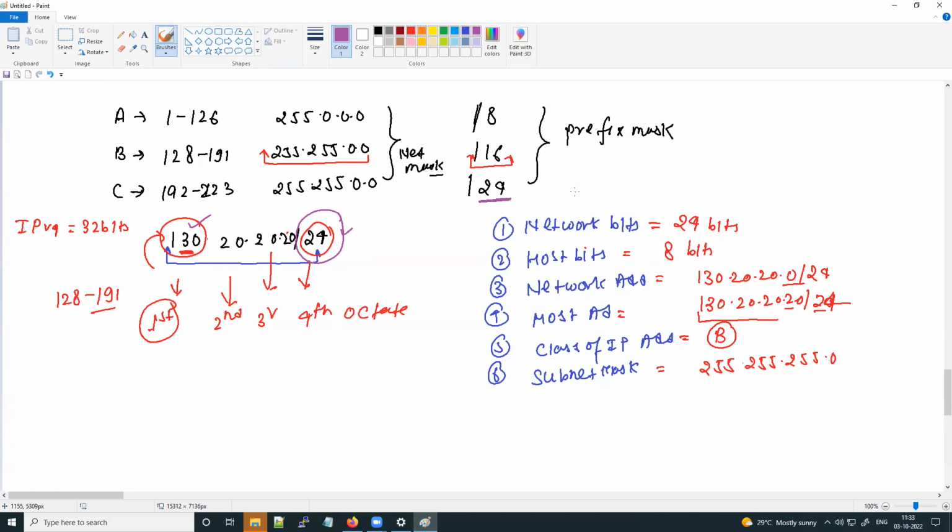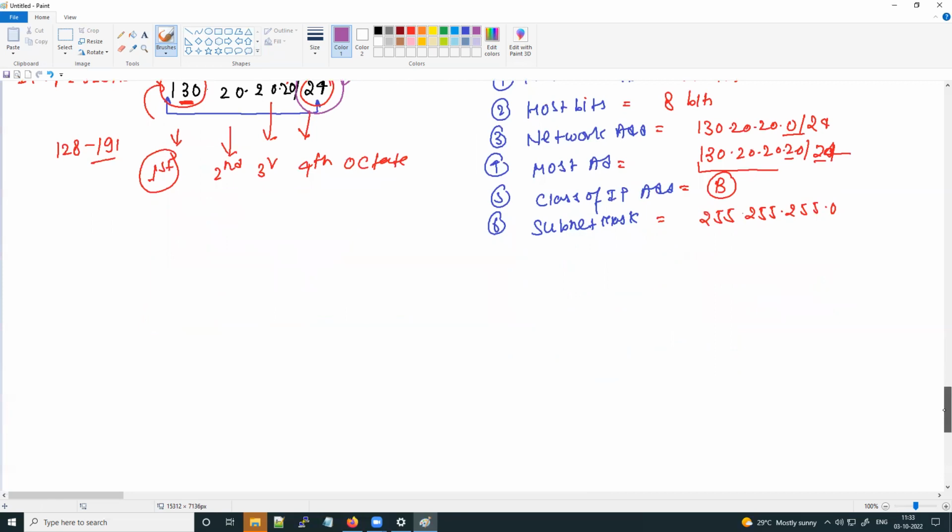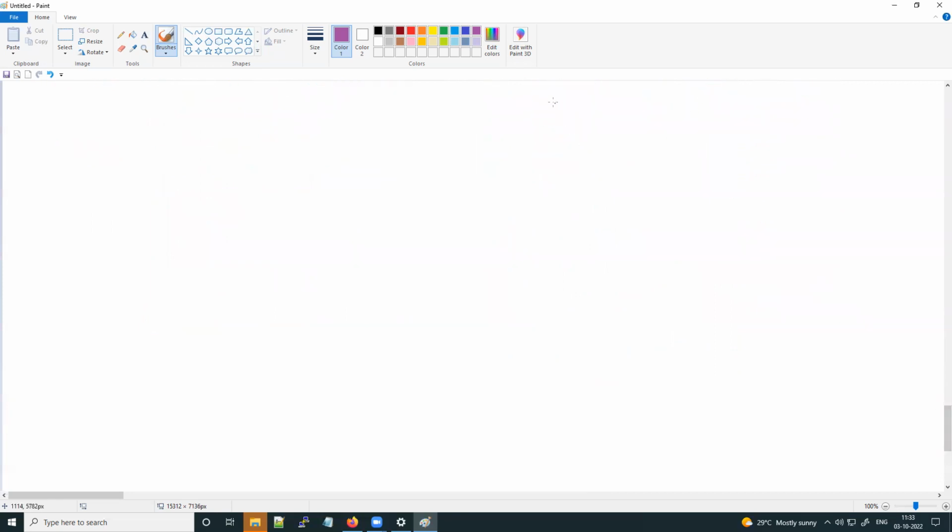It's not wrong actually. The IPv4 address is further divided into two parts: class full IP address and classless IP address.